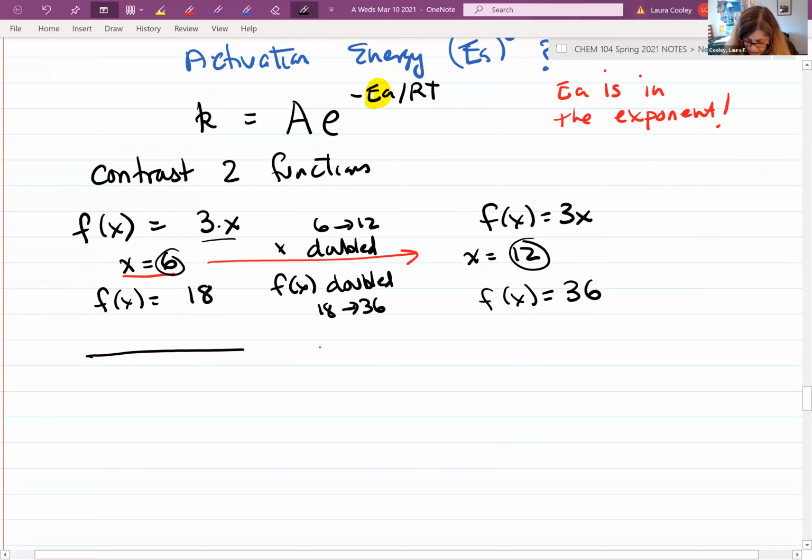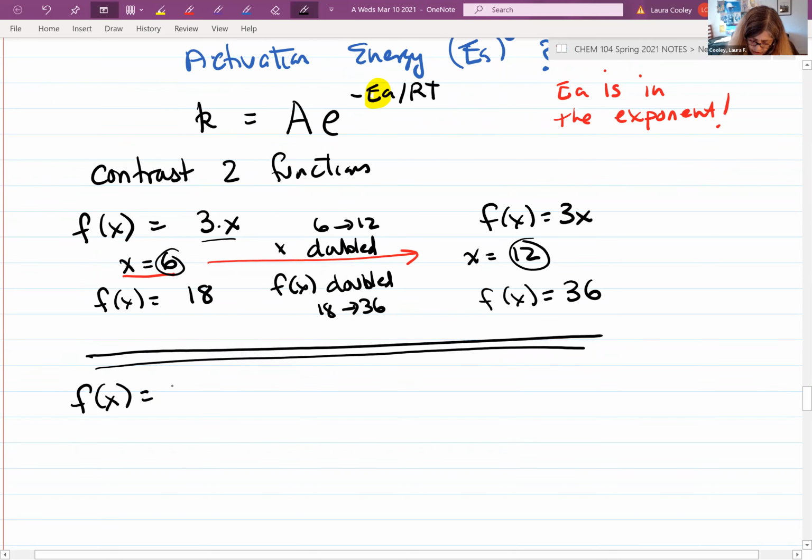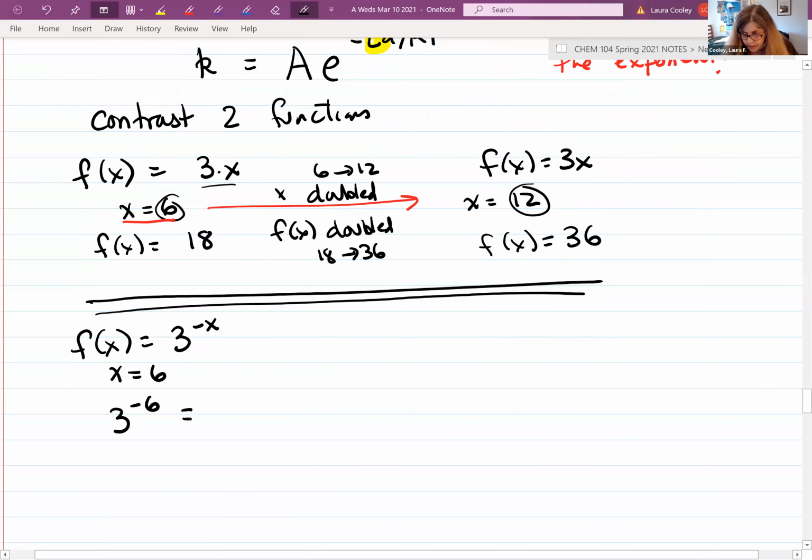Well, I want to compare that to if the function is 3 to the minus x. So if x is equal to 6, what is 3 to the minus 6? If you remember your math, when you have a negative power, this is really 1 over 3 to the 6, which is 1 over 18.